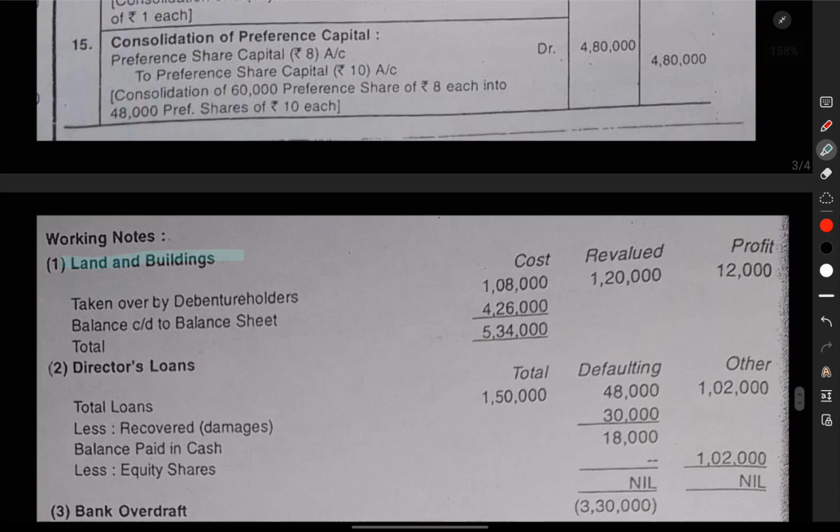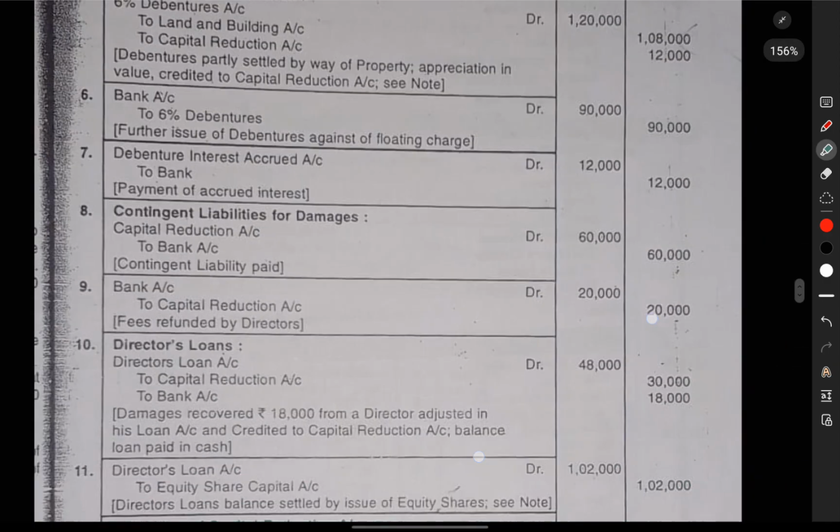Land and building, because they are taking our asset taken over by debenture holder, 1,08,000, which is revalued as 1,20,000. So we get a profit of rupees 12,000. The balance of land and building will be 4,26,000, because the total land and building is 5,34,000.